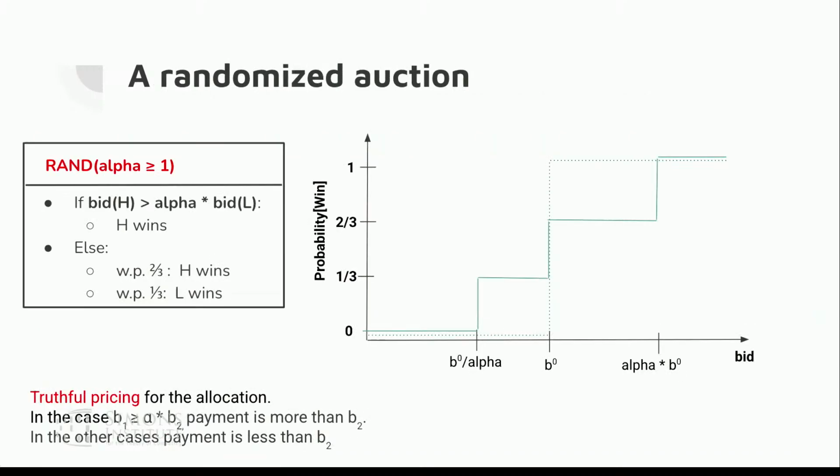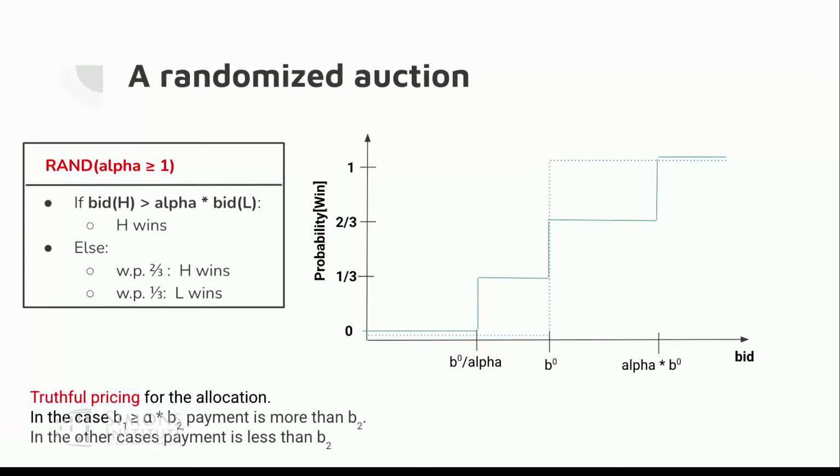And here's the randomized auction. It's kind of pretty natural. So we'll call it RAND. And I said there's another parameter P, but for this, I'll just fix that to be 1/3. So you have two bidders. There's a higher bidder and lower bidder in this auction. If the higher bidder beats the lower bidder's bid by a factor of alpha, so with a margin, then it wins.